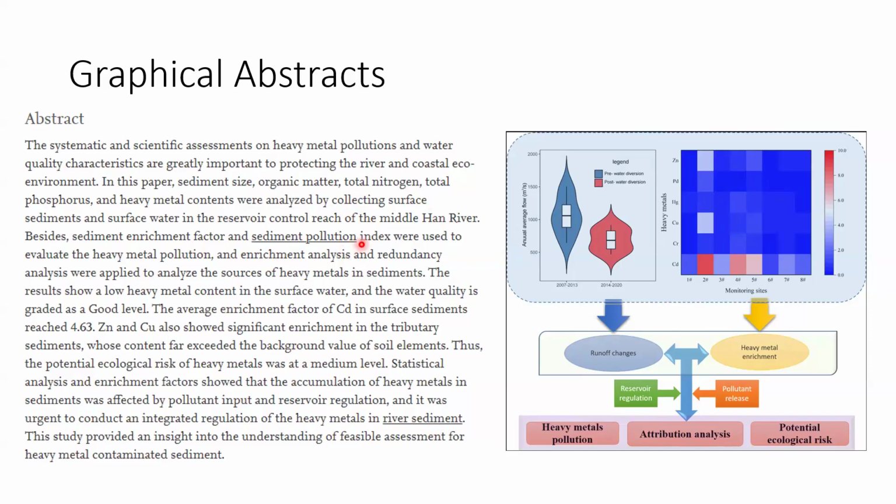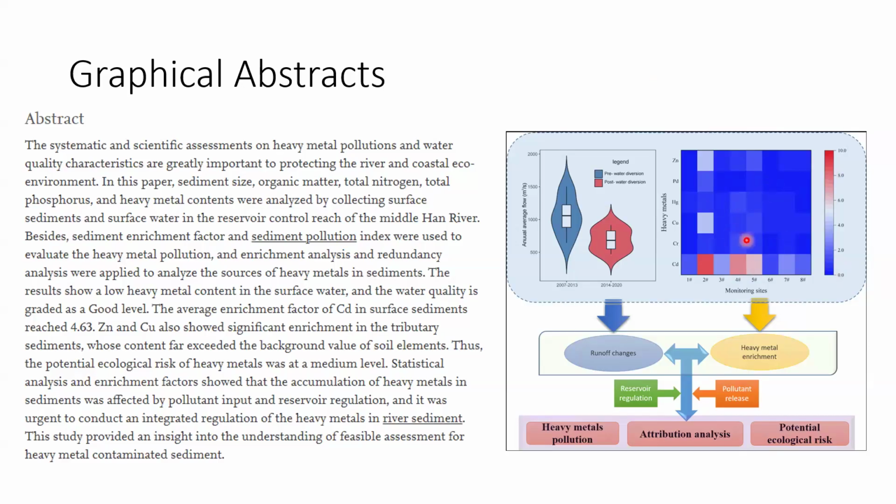The writer doesn't have to mention the numbers or how big they are, because the graphical abstract would give the annual average flow, the variation, the variability, the time duration, and so on, right? And also the monitoring sites and heavy metal levels and the concentrations, everything is given here.